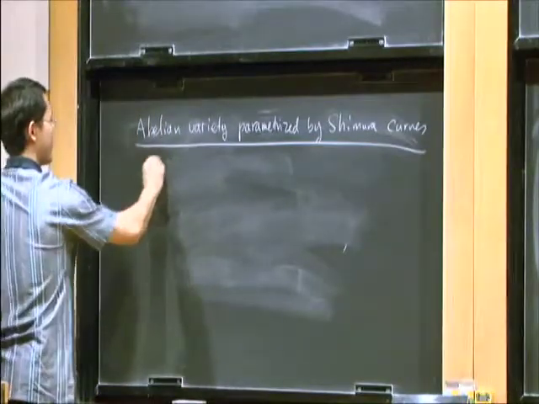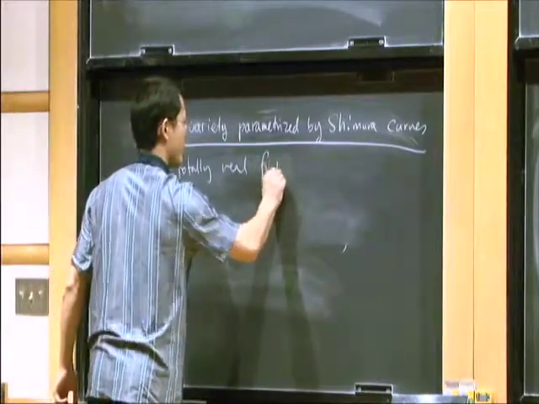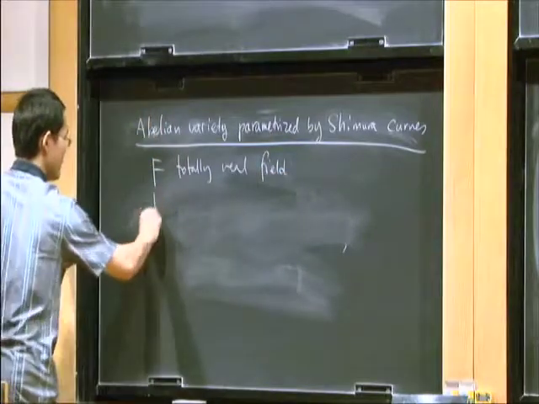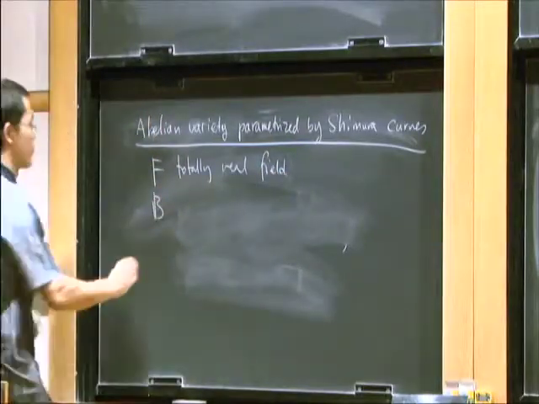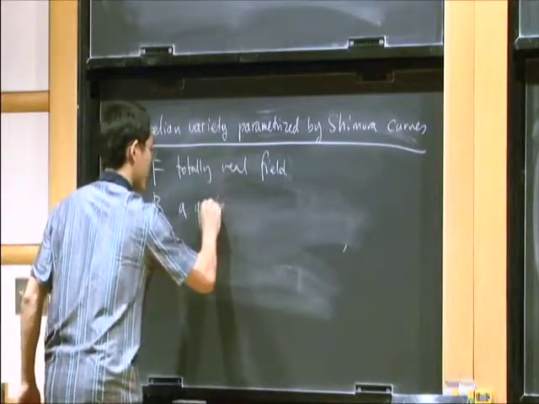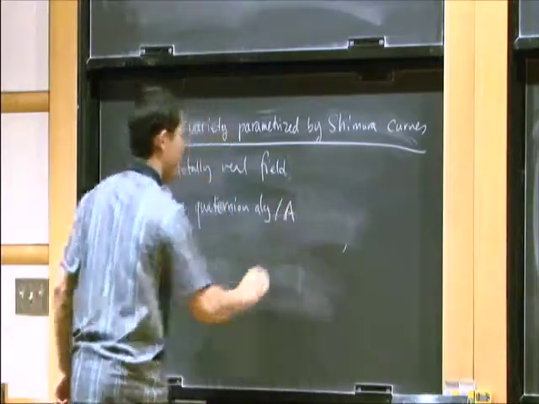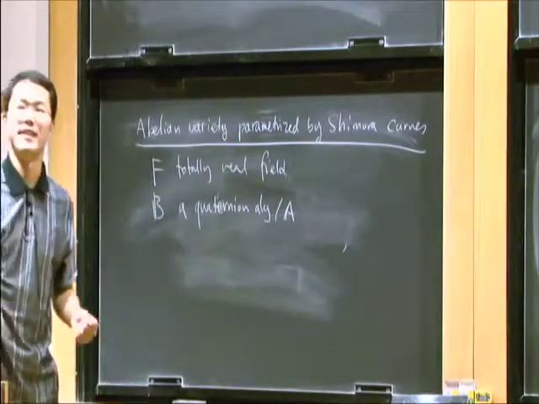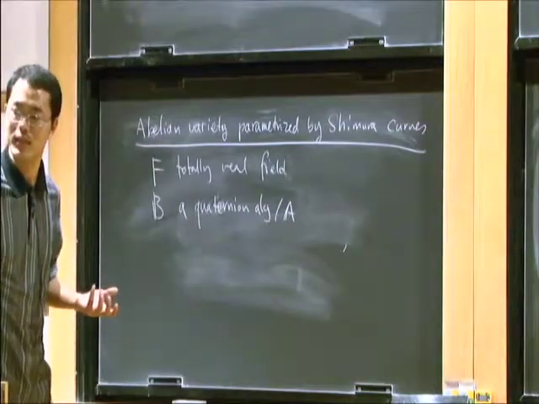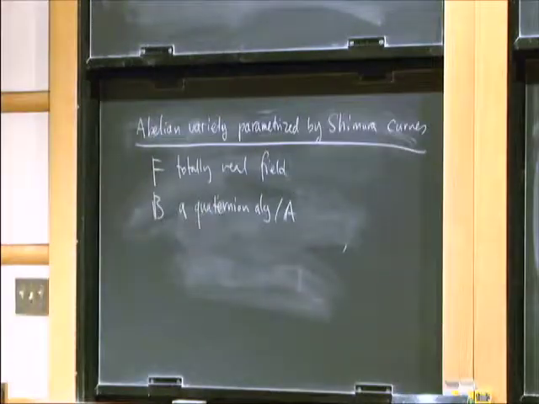So let F be a totally real field, and let B be a quaternion algebra over A. By that we mean that B is a restricted product.